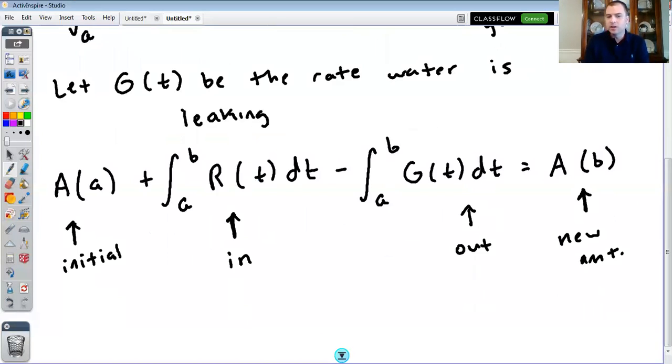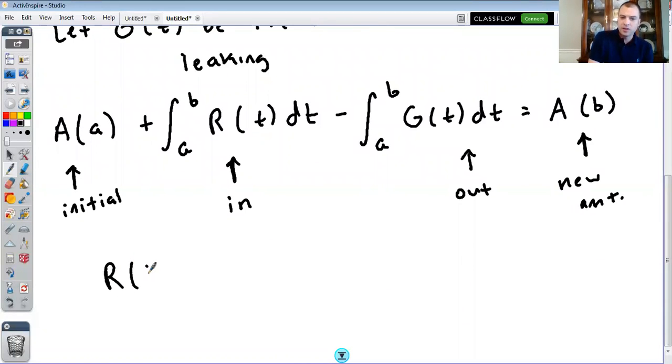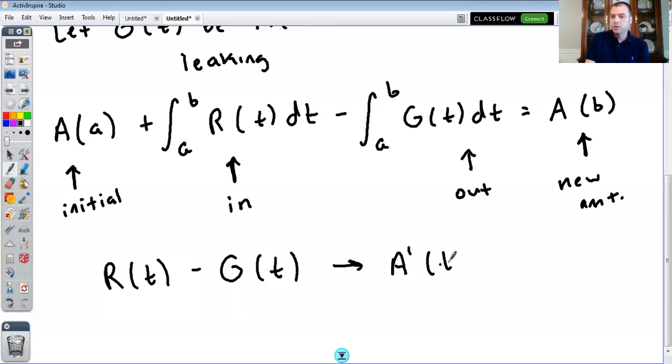If we continue with this, what do certain things represent? So what if I just said R of t minus G of t, rate in minus rate out? This would represent the derivative, right? How fast is the amount changing at an instant, A prime of t, which then you could use to optimize, right?